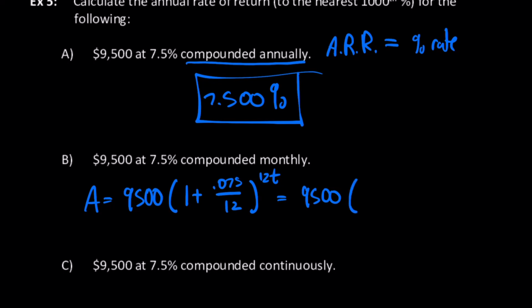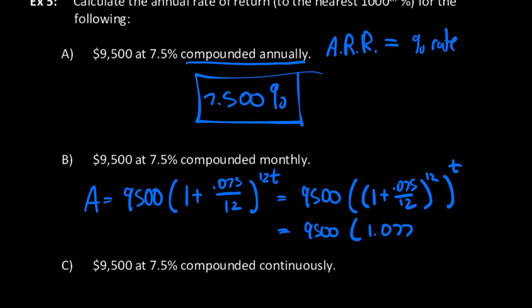So this will be 1 plus 0.075 over 12, that whole group to the 12th, to the t. Okay, now if I calculate that, let's see what I get. I got 1.077632 to the t.